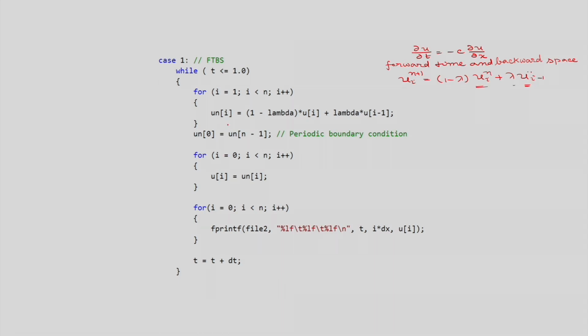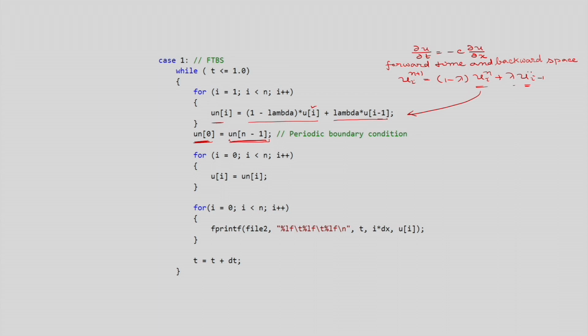So, we have written it here: u i new value at n plus 1 is 1 minus lambda times u i, the previous value, plus lambda into u i minus 1. Now the periodic boundary condition we have applied: at x equal to 0, u n is equal to u n minus 1. Whatever is going out we have taken as the inlet velocity.